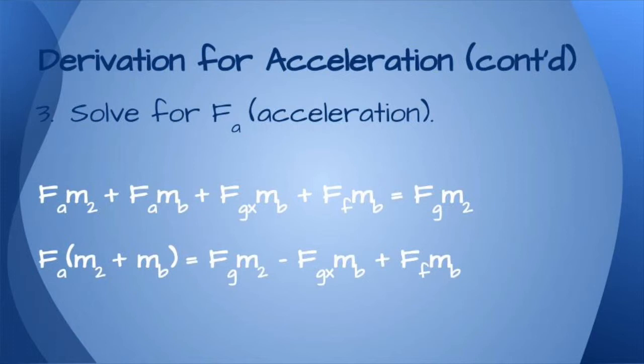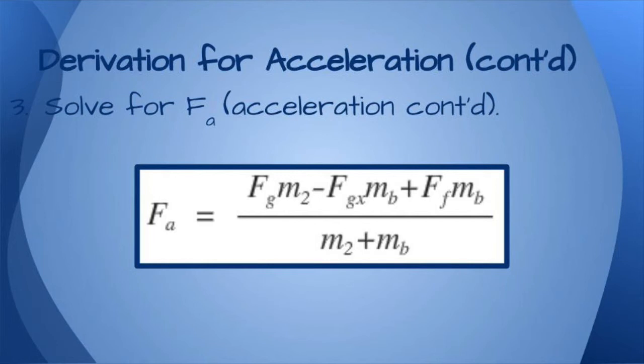And then to isolate the force due to acceleration, you factor it out, and you get the force due to acceleration times mass 2 plus the mass of both. And that will be equal to the force of gravity times the second mass minus the x direction of the force of gravity times the mass of both plus the force of friction times the mass of both. And that'll finally get you an equation where your force due to acceleration is isolated.